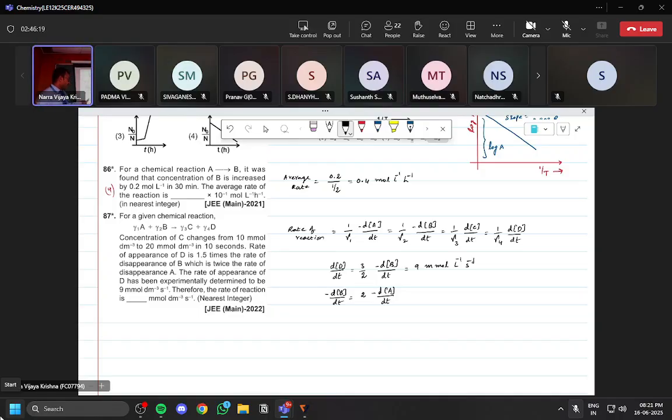One more. Concentration of C changes from 10 to 20 in 10 seconds. Concentration of C changes means dC by dt.